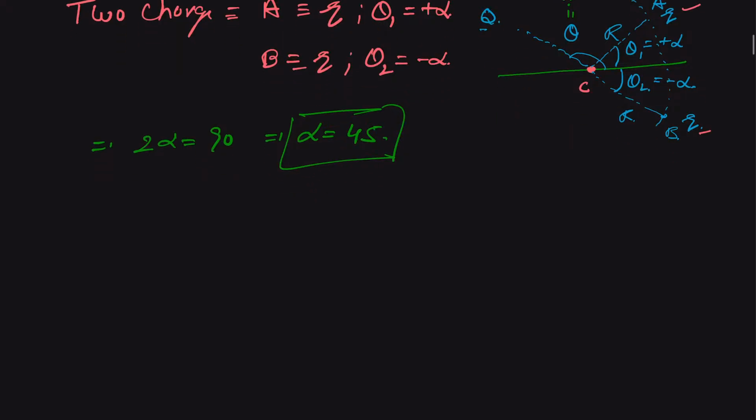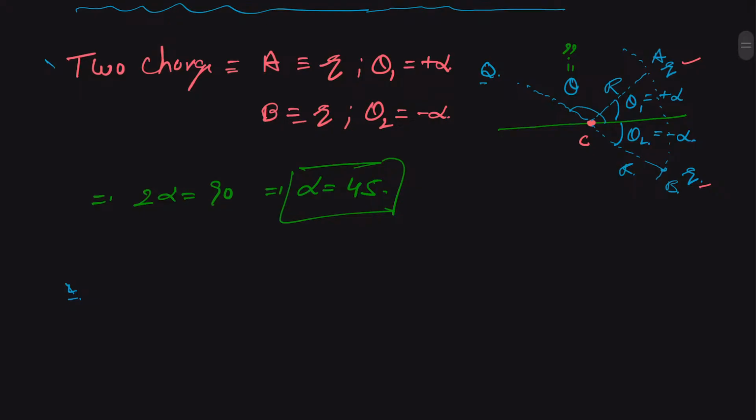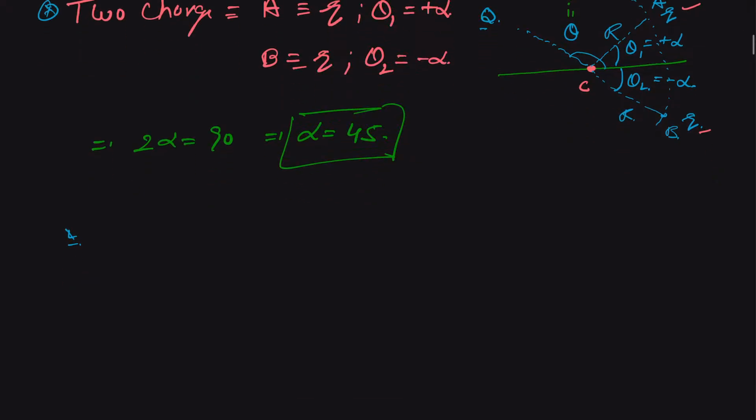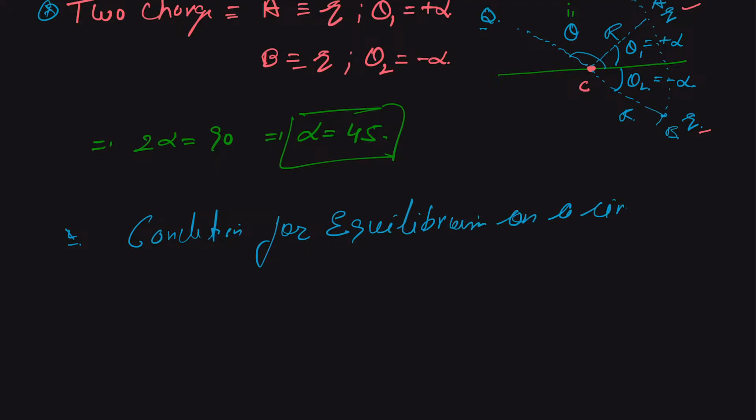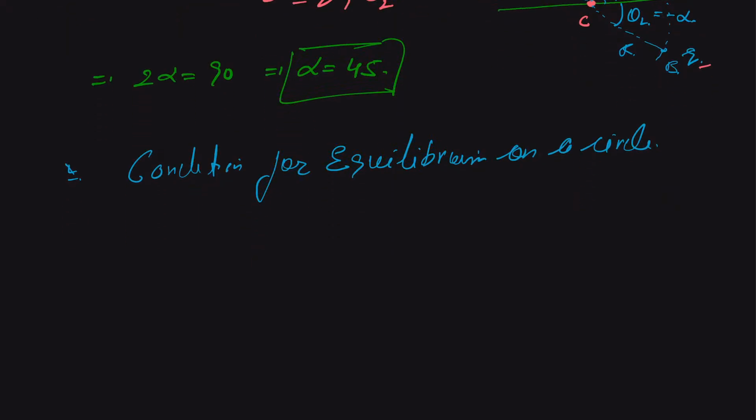And in the question it is mentioned that we have a condition for equilibrium on the circle, and it is given that the charges are constrained to the circle.